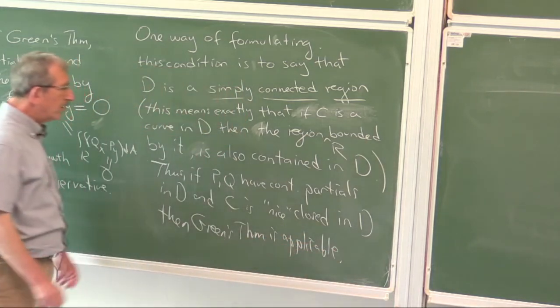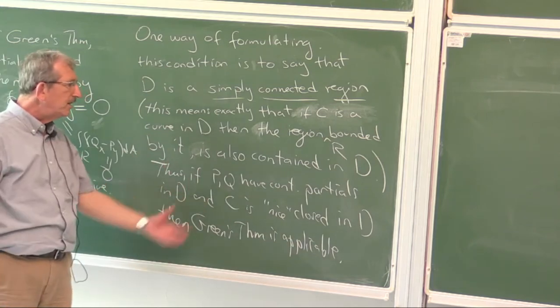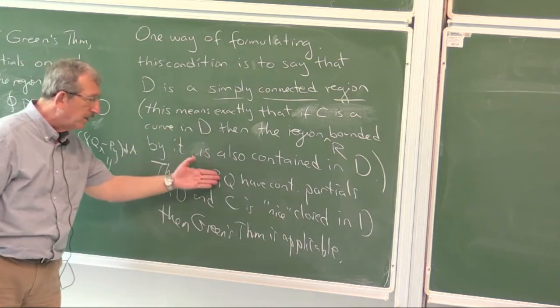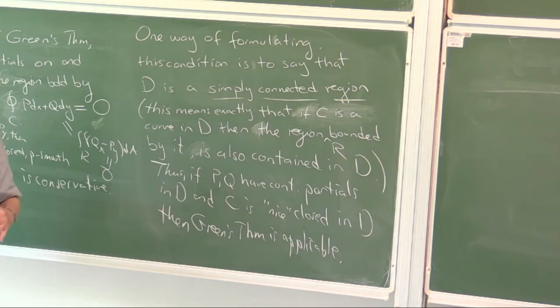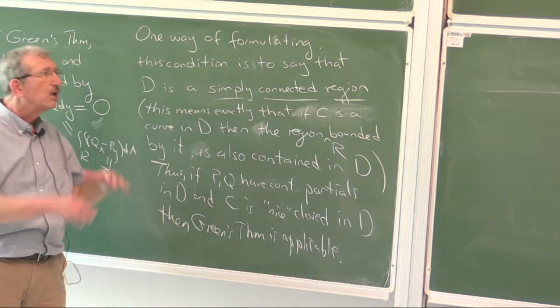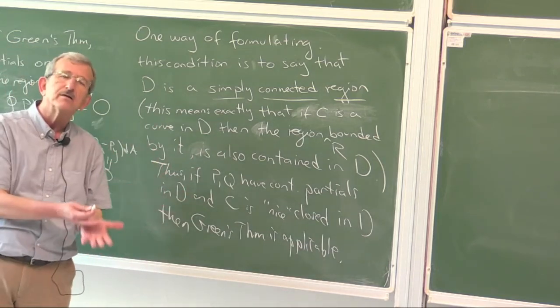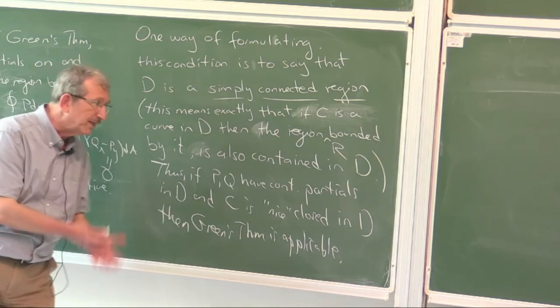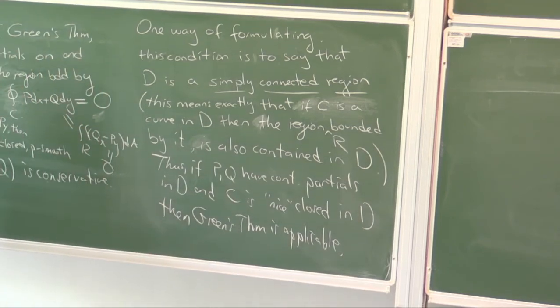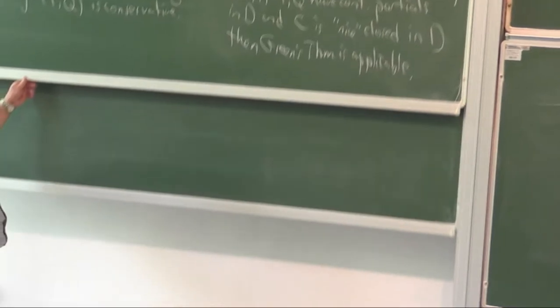Because the inside part is also in D, and because P and Q have continuous partials in D, they have continuous partials also inside the region bounded by C. So we get the following final formulation.